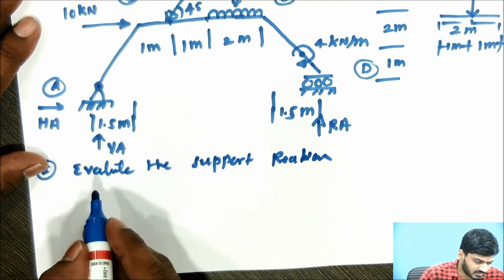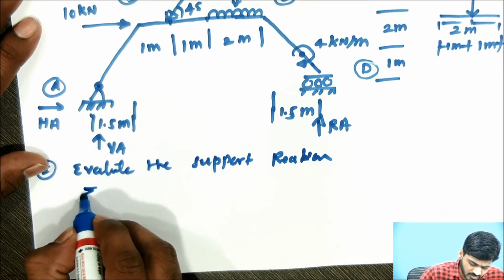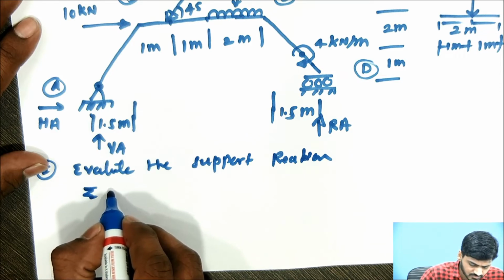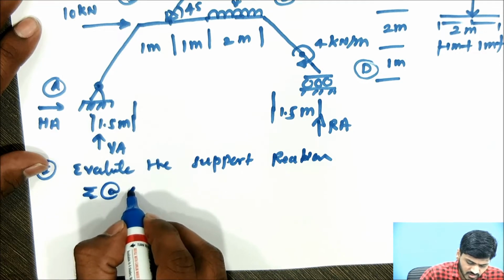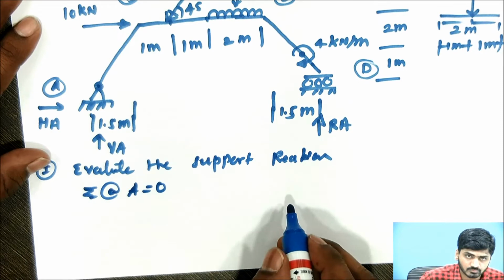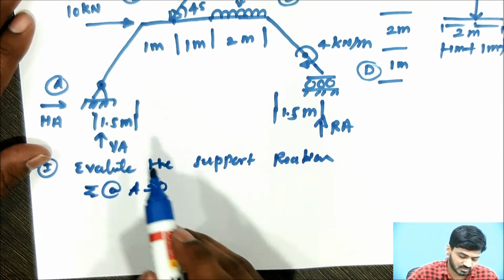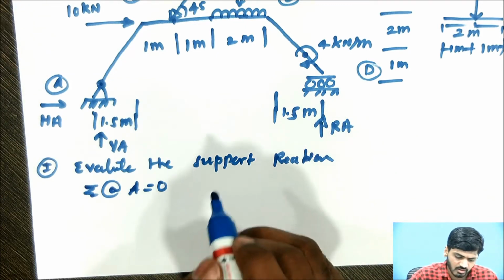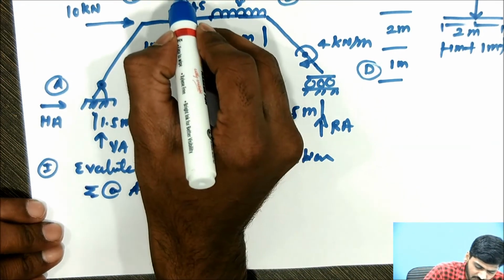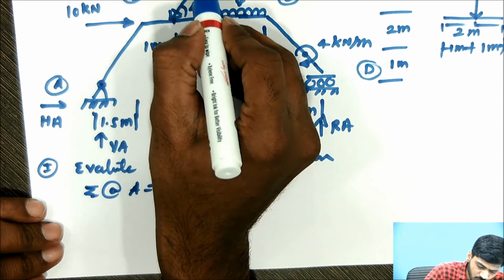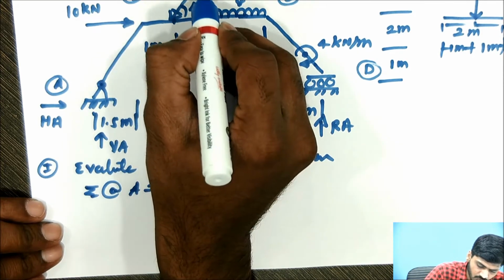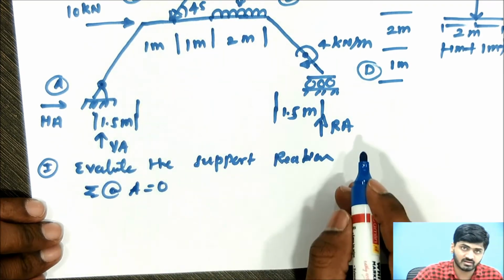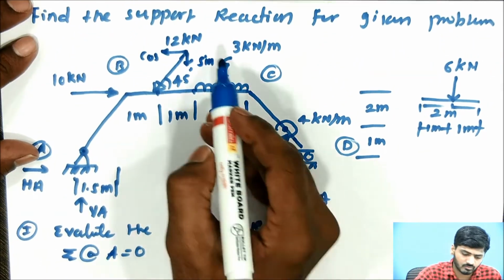Here we are considering summation of moments at point A is equal to 0. Any one point you may consider, either A or point D. Before that, I am considering two components for the inclined force. One is the horizontal component, that is cos, and the vertical component, that is sine.